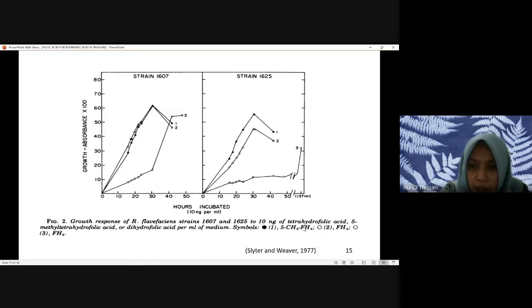The first one is tetrahydrofolic acid, the second one is methyl tetrahydrofolic acid, and the third one is dihydrofolic acid. So we can see in here a comparison between these three forms of the folic acid. We can see that the highest growth rate is for the first one for both of the strains.